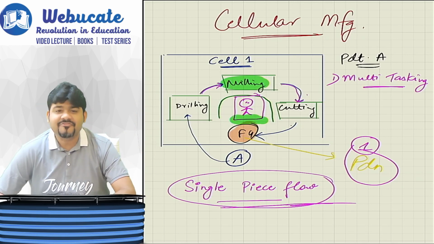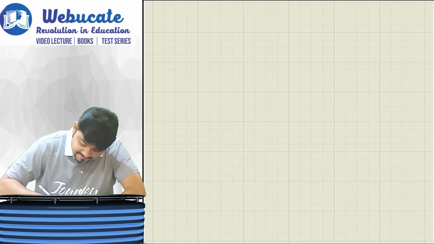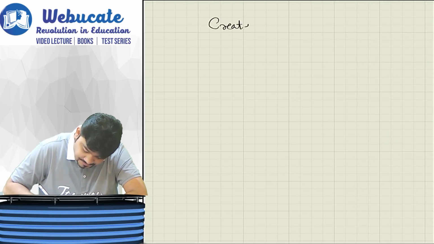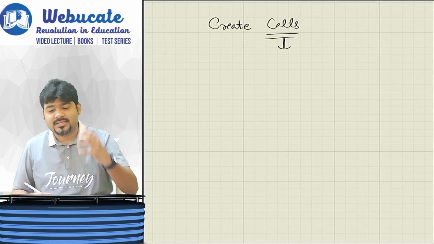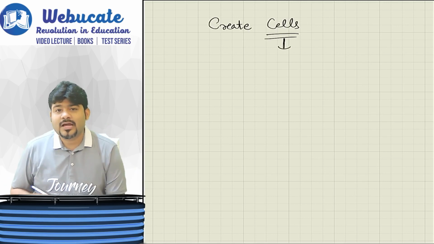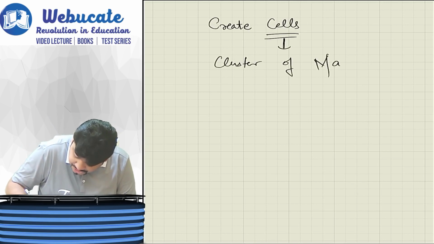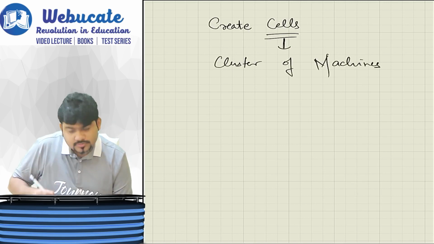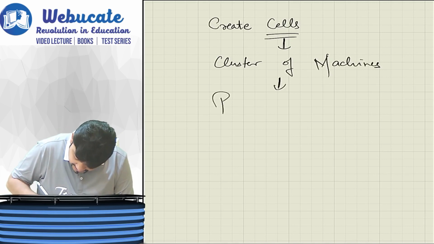In cellular manufacturing, sir, we will create cells. What are cells? Sir, a cell is basically going to be a cluster of machines. Why? What will that do? So that too, preferably in a U shape.